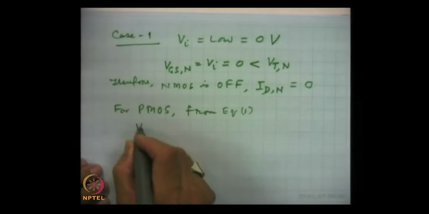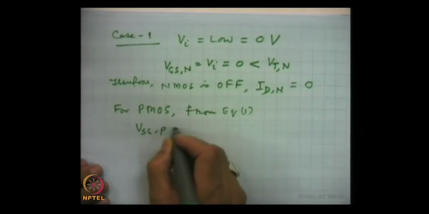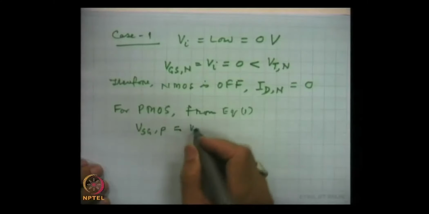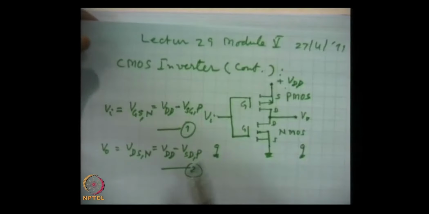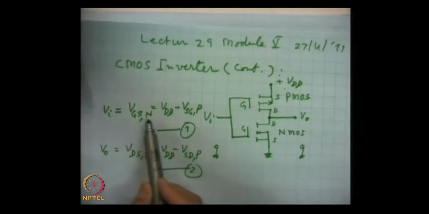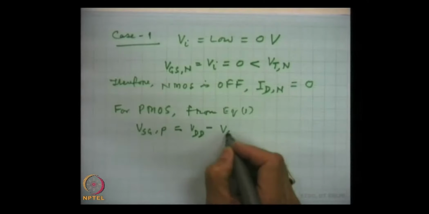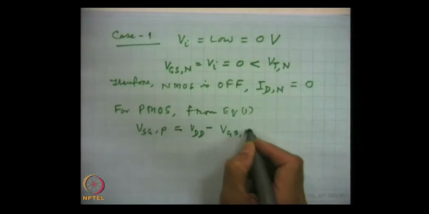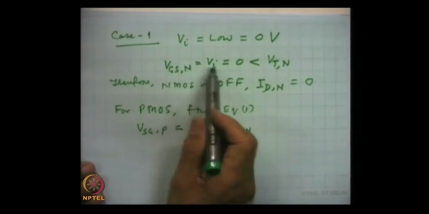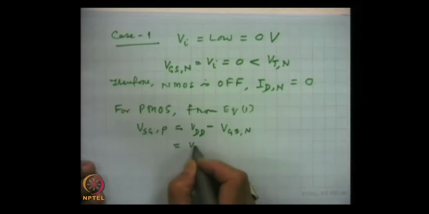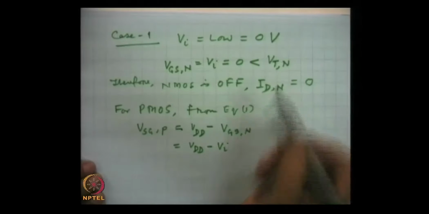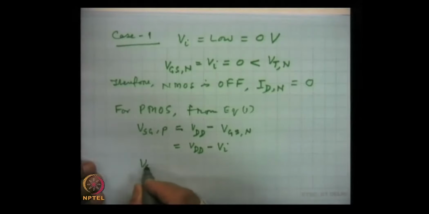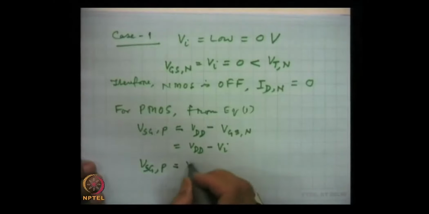So VSGP is equal to VDD minus VGSN, and VGSN is Vi. So this is equal to VDD minus Vi, and since Vi is 0, VSGP is simply at the potential VDD.